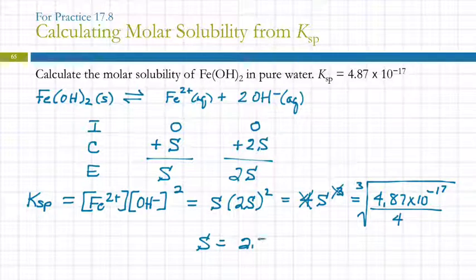What did you get? 2.30 times 10 to the minus 6. Anybody else get that? You got what? 2.3 times 10 to the minus 6.